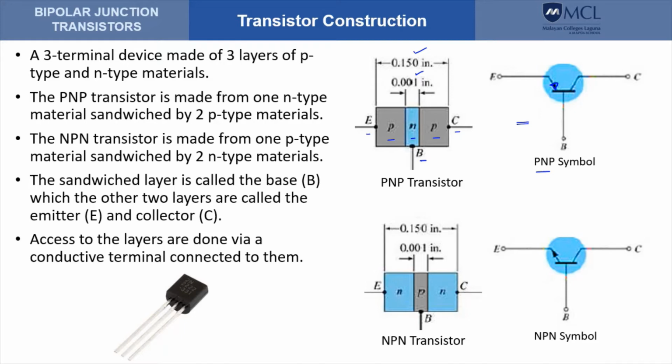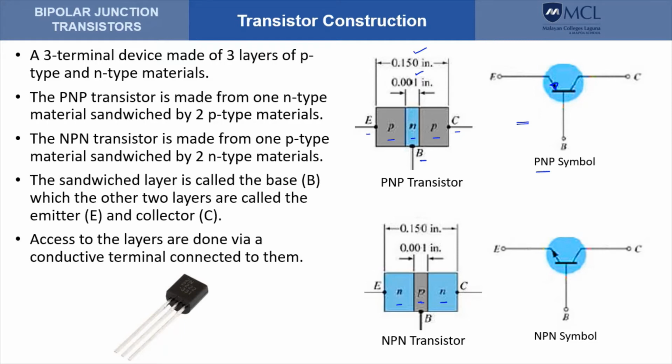An NPN transistor is made from a P-type material that is sandwiched by two larger N-type materials. And again, the terminals are labeled as emitter, base, and collector. So again, the center layer is labeled as the base.